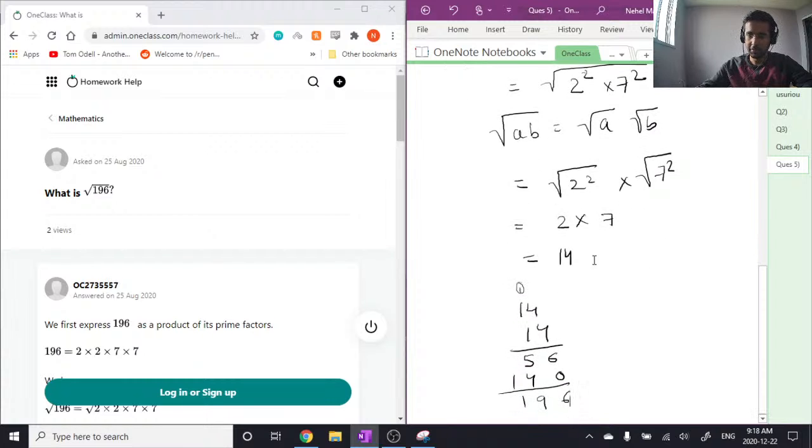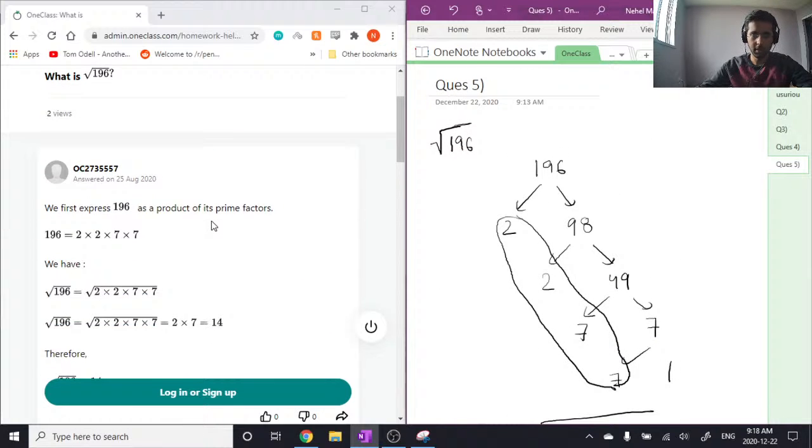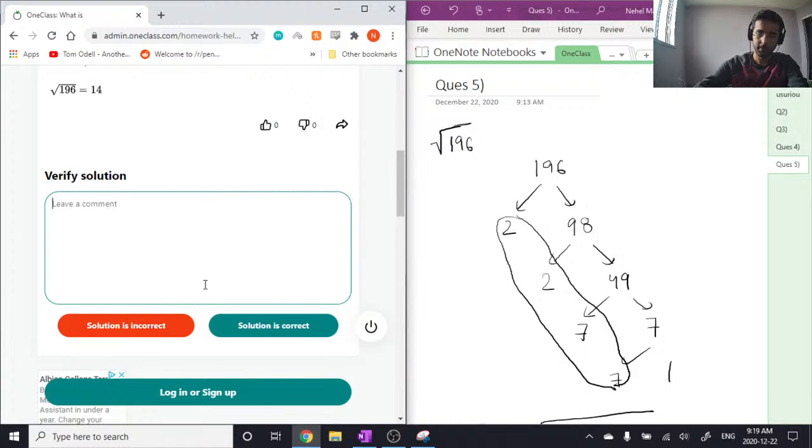And then if you want to double check, you can multiply the final number by itself to make sure you got the question number. Okay, so we do the prime factors, that's correct, this is correct, 14. So the solution is correct in this case.